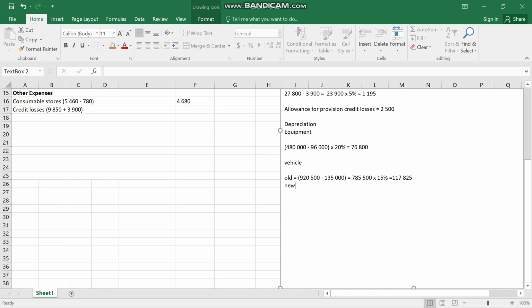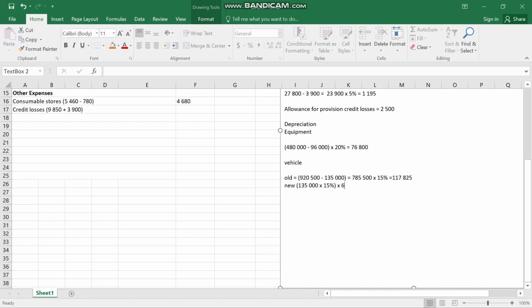Then you calculate the new vehicle. Since the new vehicle hasn't finished the year, you can't calculate the full amount. So it's 135,000 multiplied by 15%. This will give you an amount, then you multiply by 6 months, because it's January, February, March, April, May, June.